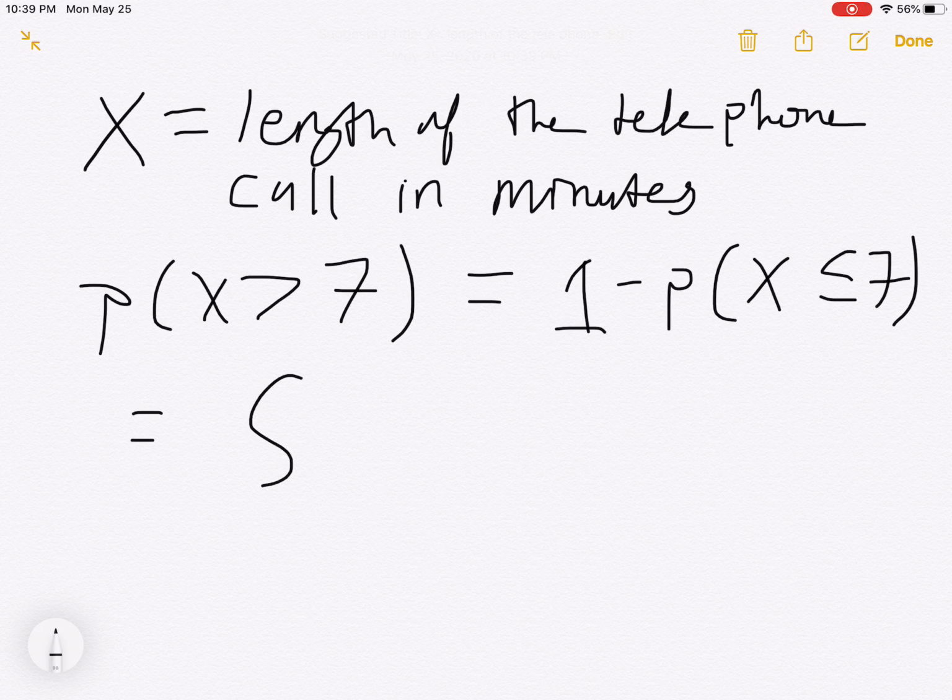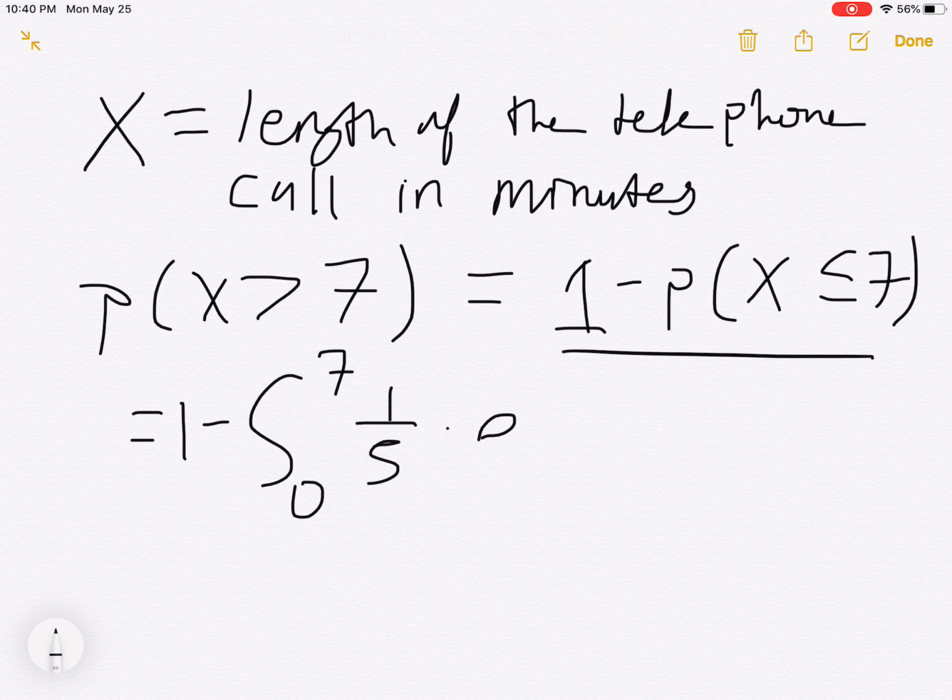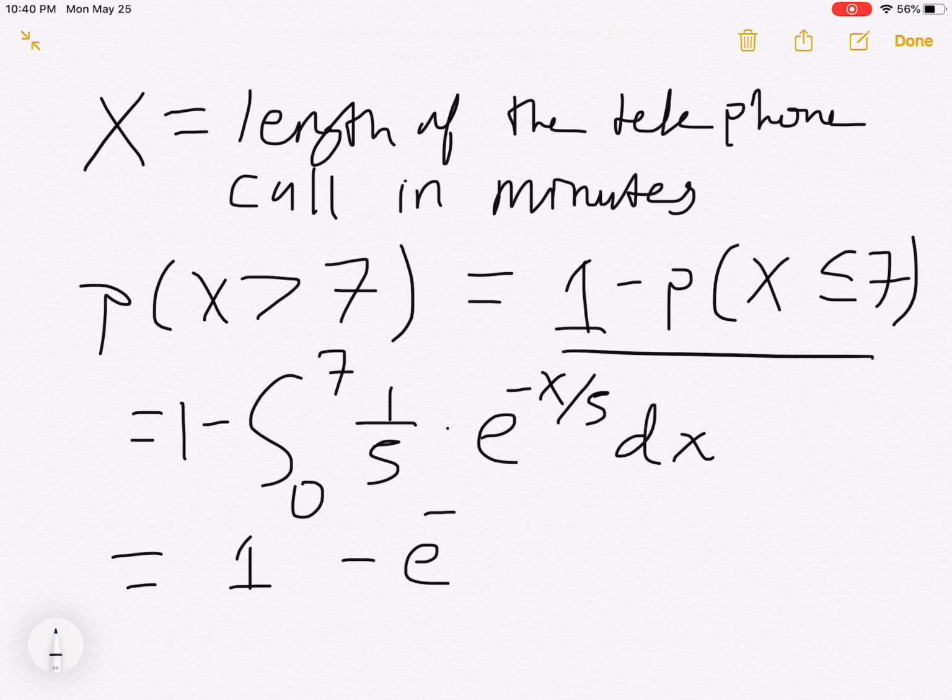So if I do that, I'll get 1 minus the integral from 0 to 7 of 1 over 5 times e to the minus x over 5 dx. That's easy enough to anti-differentiate. When I anti-differentiate that, that'll be minus e to the minus x over 5, but that's off by a negative sign, so that should be a plus.